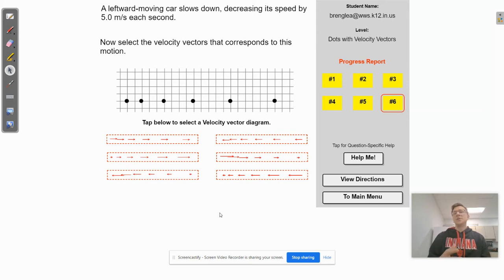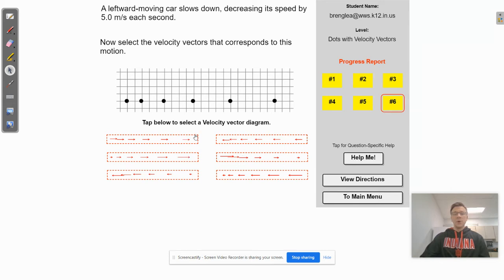Now, this is still the same question. It says, now select the velocity vectors that correspond to this motion. So now we're just putting arrows on it, right? The velocity is always in the direction of movement. Since the object is moving to the left, we need arrows pointing to the left. So you can automatically eliminate all arrows pointing to the right. So these two and this one right here.